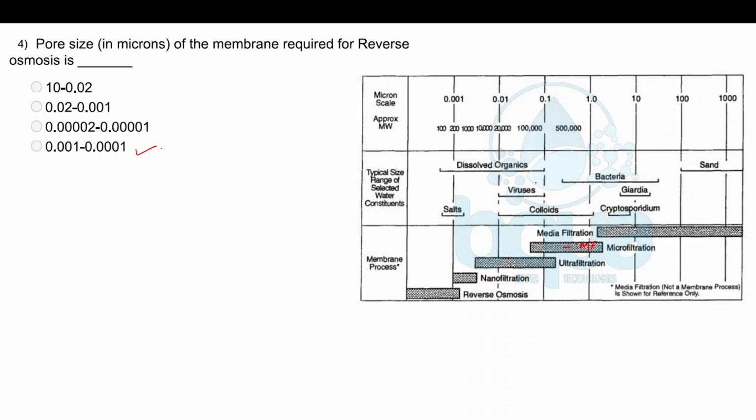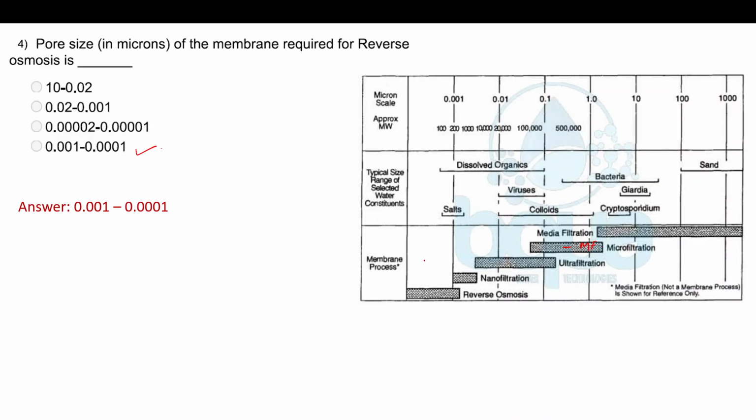And this shows what type of pollutant or material you can remove by any of the membranes. So with reverse osmosis, all can be removed. By using reverse osmosis, any such pollutant can be removed. Yeah, so D is the correct answer here.